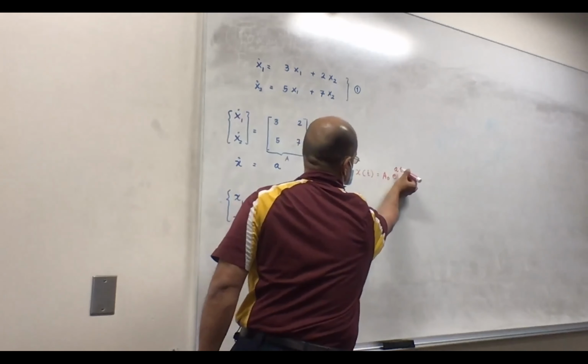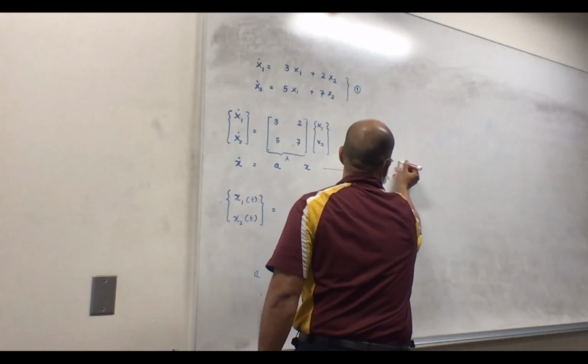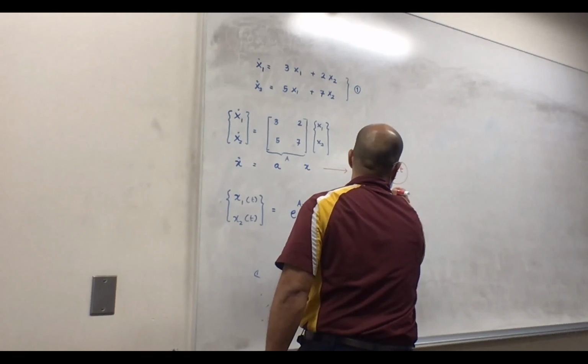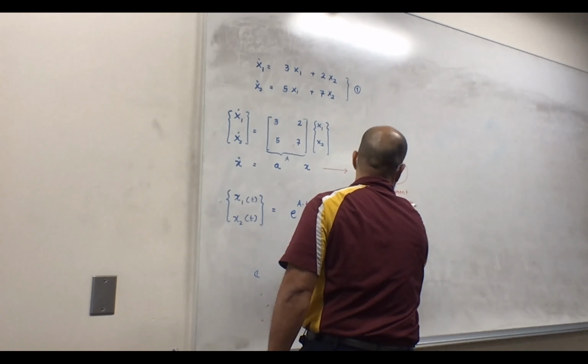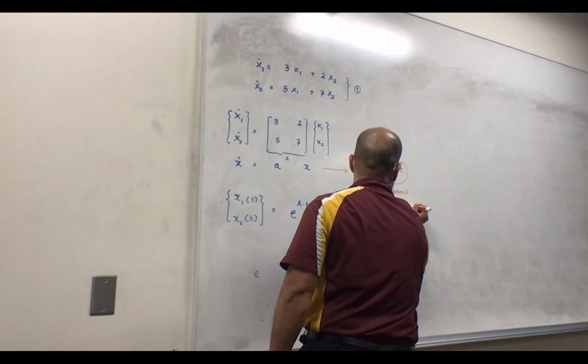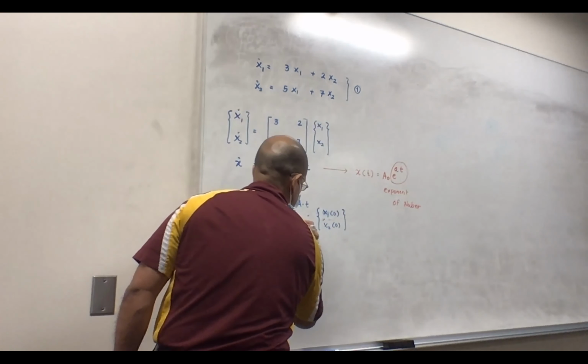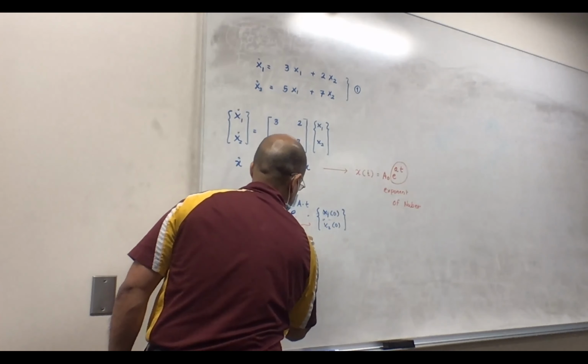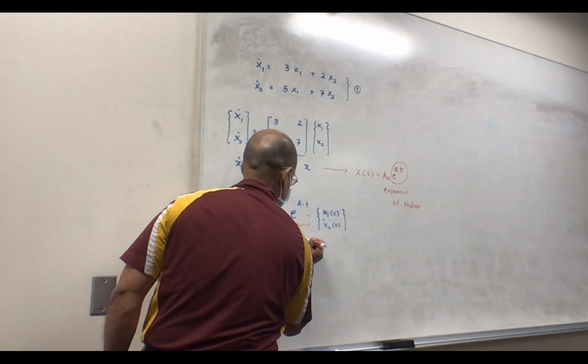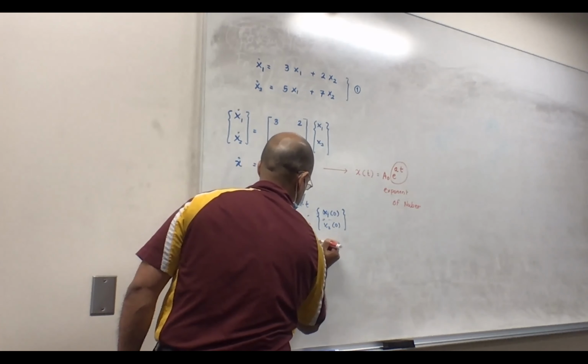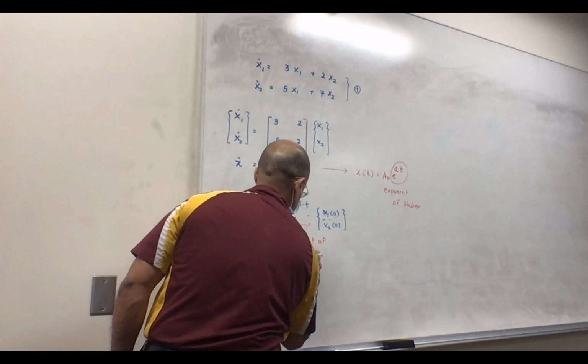Because this is an exponent of a number, and this is very important. This is exponent of a number, and this has to be exponent of a matrix.